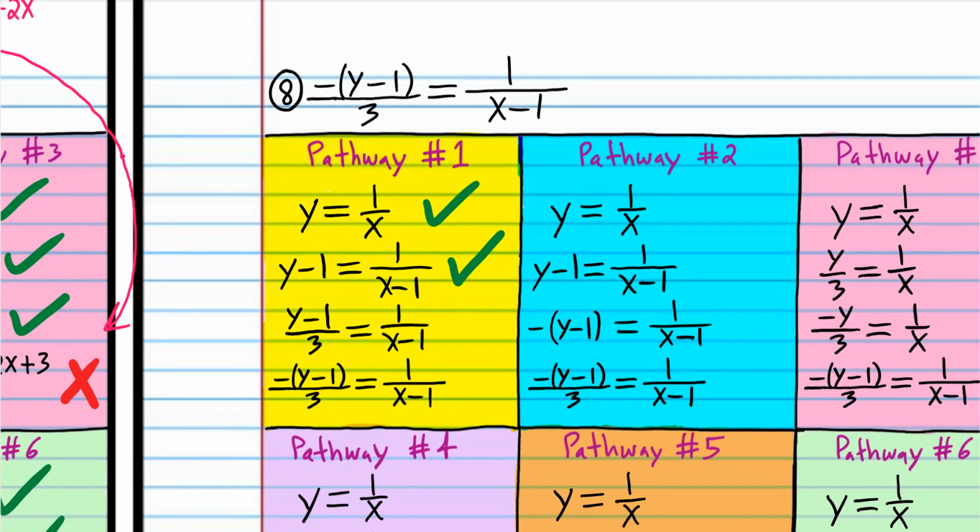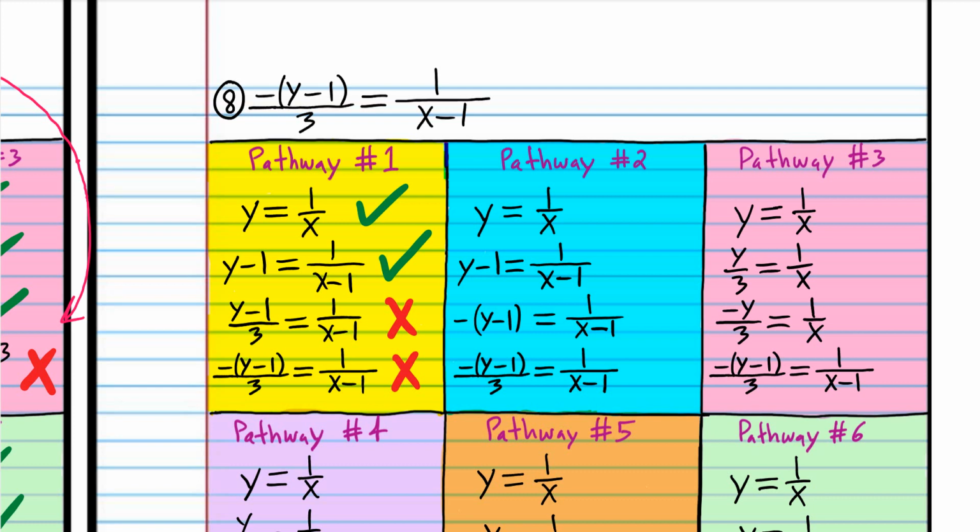Move to the right 1 and up 1. Then we're going to divide y minus 1 by 3. The transformation properties don't tell us what to do in that situation. We could figure it out using the transformation properties, but they don't tell us directly what to do. Then we're writing a negative on y minus 1. Again, the transformation properties don't tell us what to do.